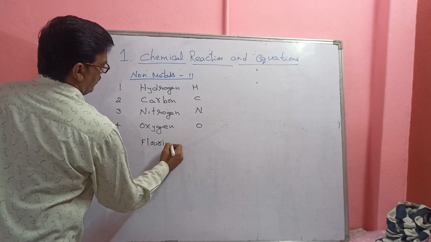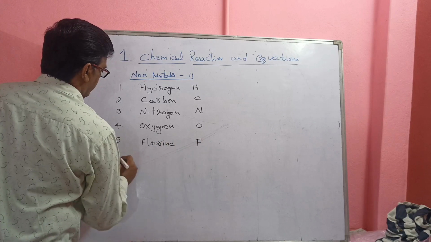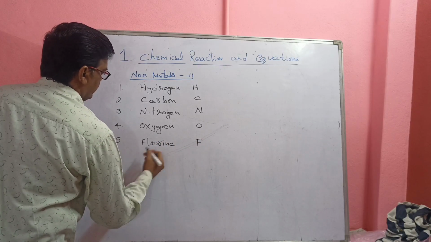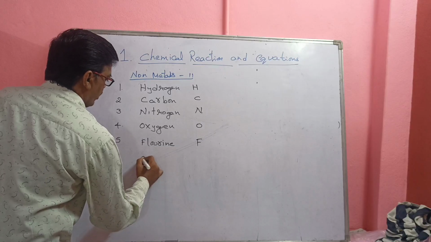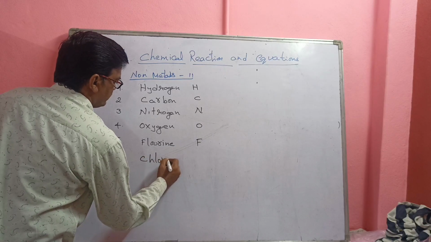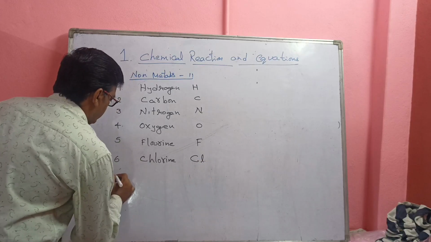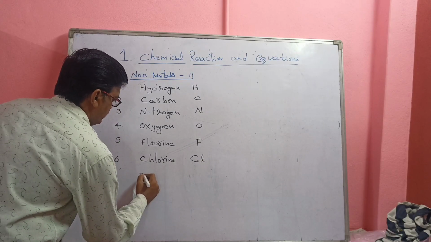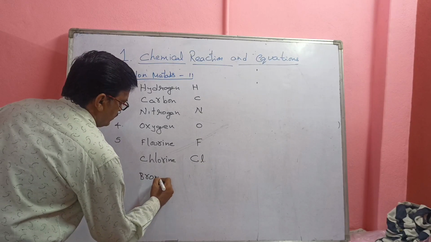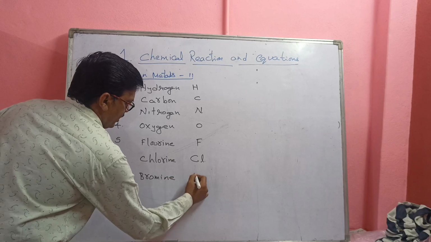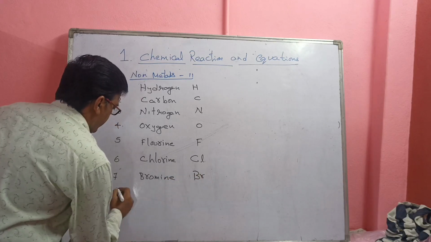Fifth, fluorine, F. Sixth, among the halogens, chlorine, Cl. Bromine, Br.